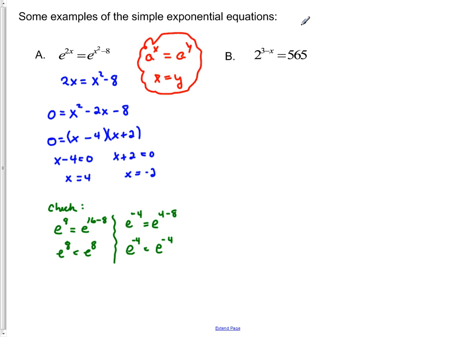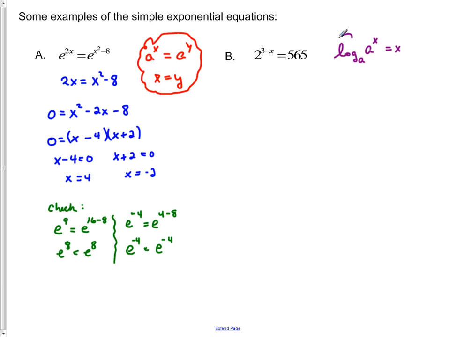We've got 2 to the 3 minus x, pardon me, equals 565. Well, this is certainly not one of these properties on the left, because 565 is not a number that is a power of 2. So what do we do? Well, this is a job for our inverse property, the one that said if we take the logarithm base a of a to the x, we get x.